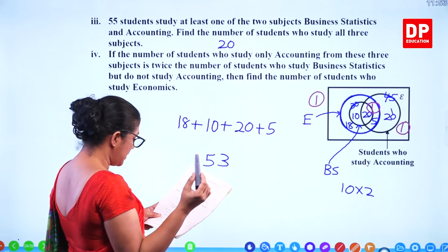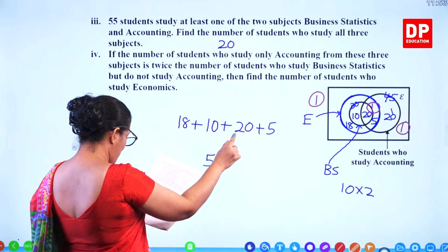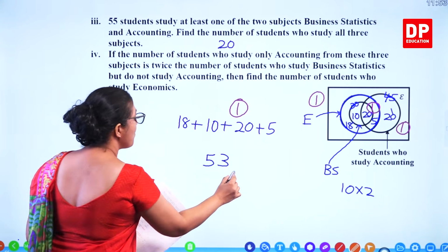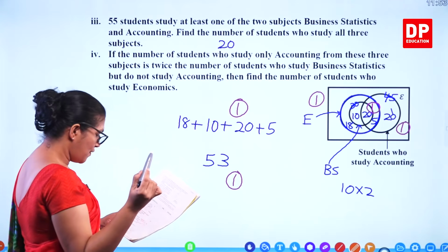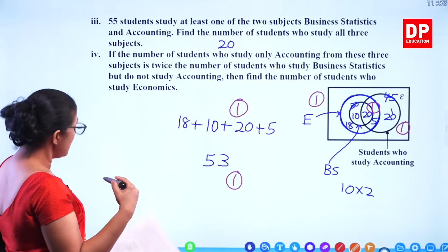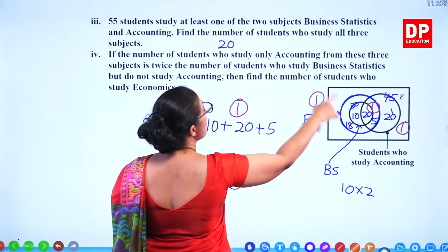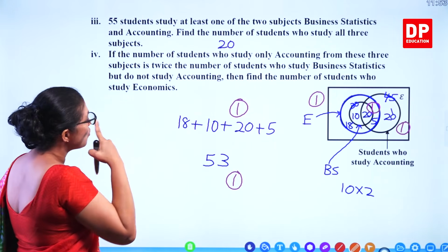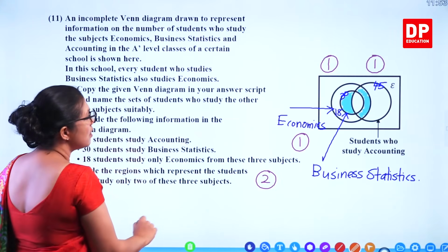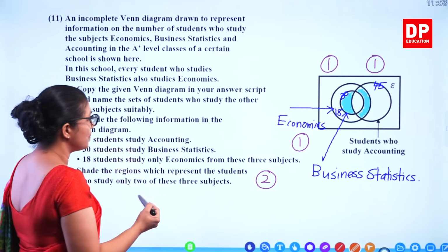And then finding this value, adding and subtracting, 1 mark here and 1 mark for the answer. Final answer 53. So altogether, we gave 1 mark for this 20. So 1, 2, 3, 4, 5, 6, 7, 8, 9, 10. So 10 marks for that question.